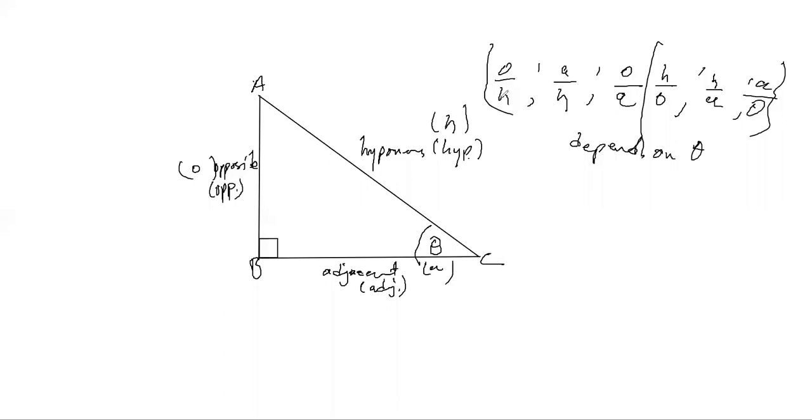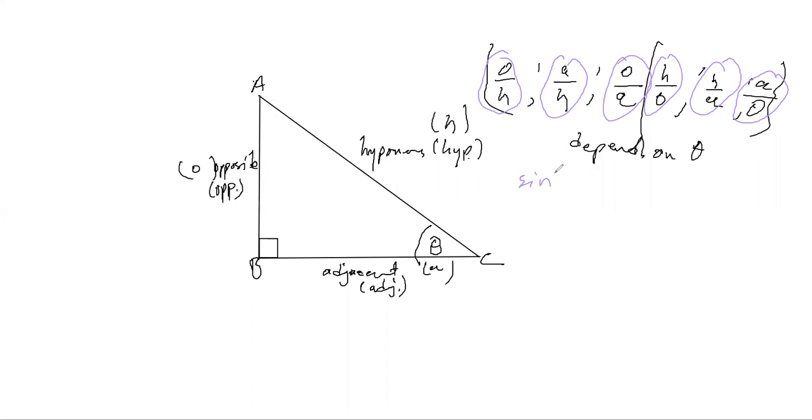Now, I've spoken about these ratios in the previous video, and I said we can write any of this, and they will all depend on theta. And I introduced you to the three trigonometric ratios, that is the sine, and I said we will use shorthand called sin.